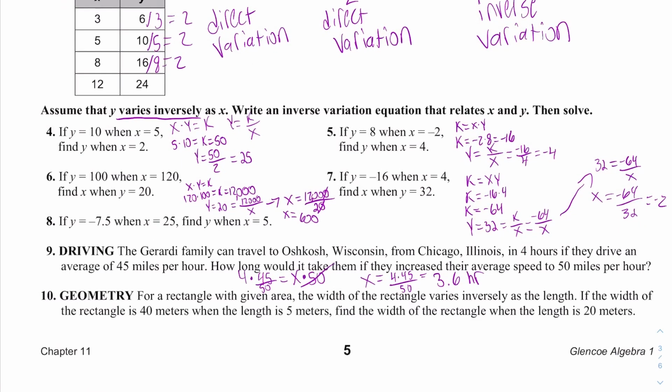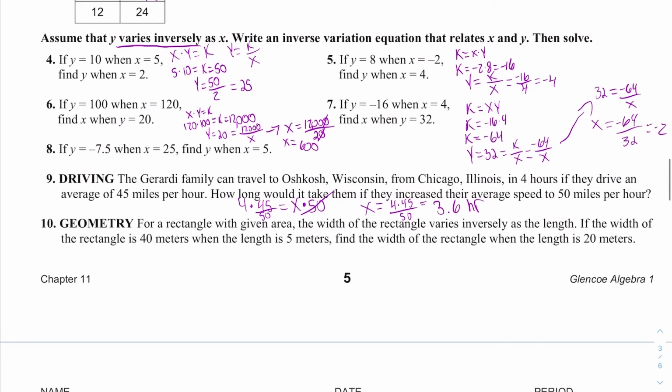Above number 4, it says y varies inversely with x. So that means that what comes before the word inversely is the output, and what comes after it is the input. So if we look at this one, it says that the width came before the word inversely, so that's the y. Width is the y, length is the x.